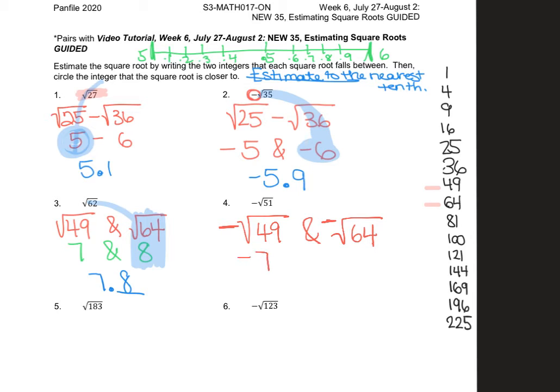So it's between -7 and -8. So now it's -7 point something. Well, 51, what's it closer to? Is it closer to 49 or 64? It's closer to 49. So it's going to be closer to 7. 51 is pretty close to 49, so maybe it's -7.1 or -7.2.